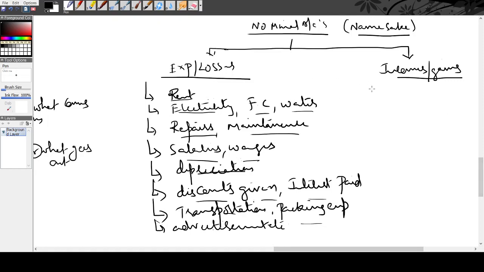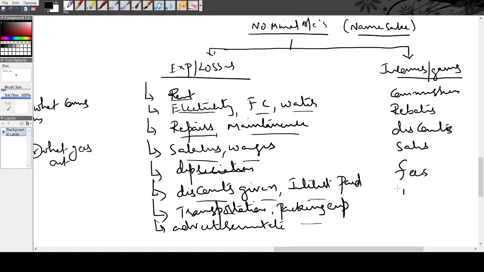Then what are the incomes we are going to have? Income from commission, income from rebates, discounts, sales of goods, fees. We can get some when we invest our money in some bonds or shares of other companies.